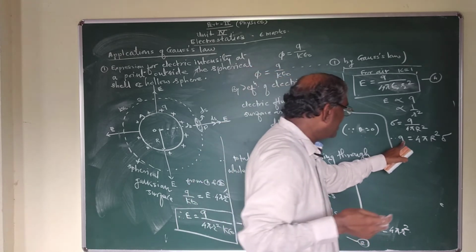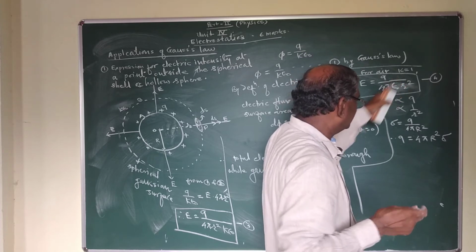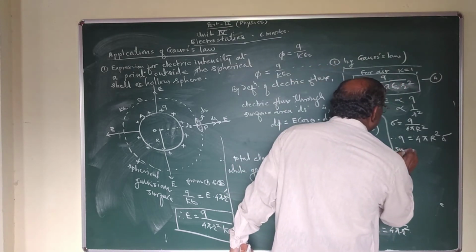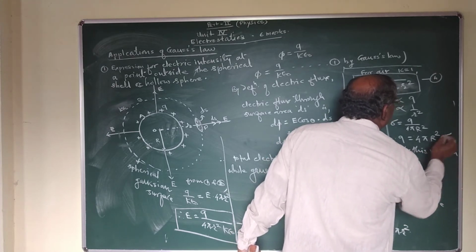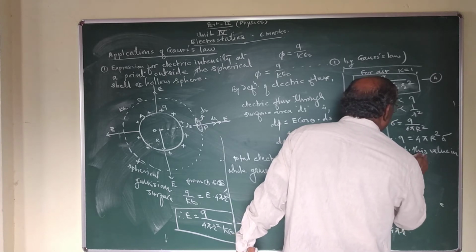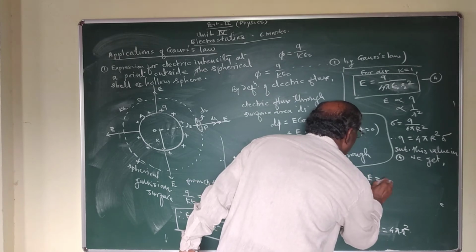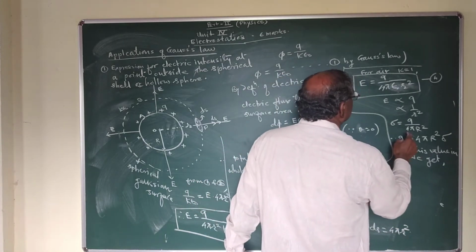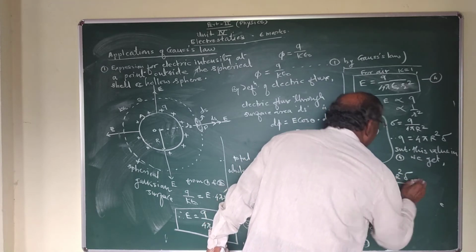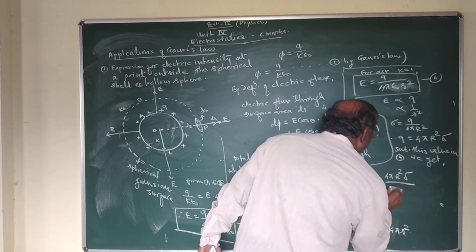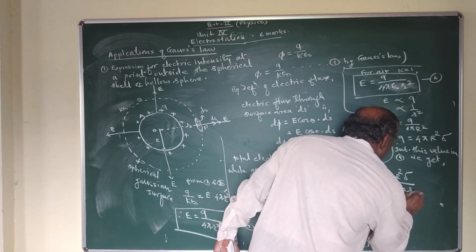Now substituting this value of Q in equation 4 for air medium, we get E is equal to 4 pi r square sigma upon 4 pi epsilon 0 into r square.